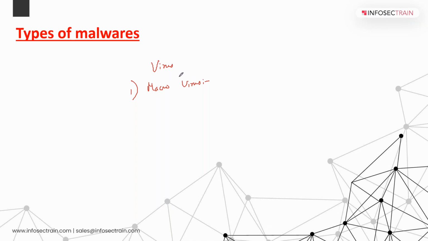When I say macro virus, that means it is going to affect only the MS Office files. Then the multipartite virus. When we are talking about a multipartite virus, this virus is going to affect your MBR, master boot record.